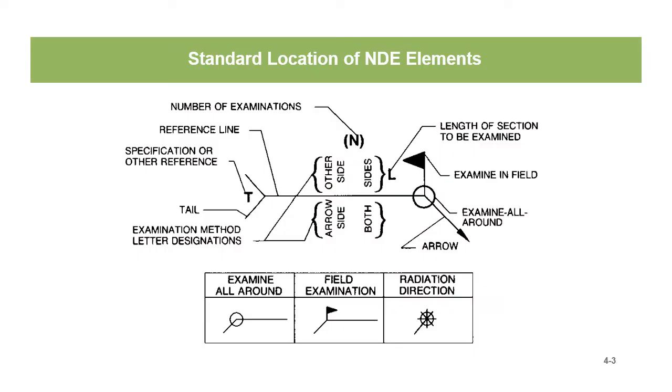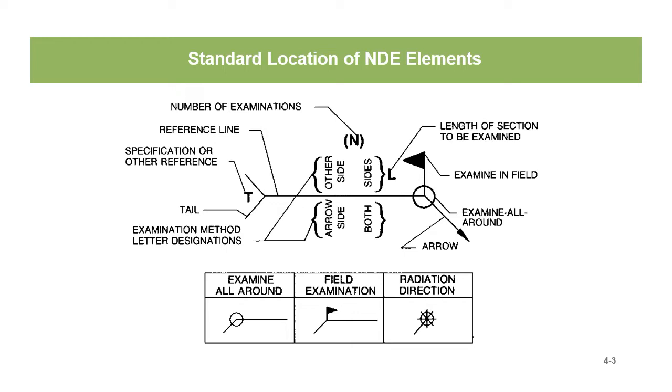We're going to talk about standard location of NDE elements and NDE symbols. From this slide, you can see it's pretty similar to what we went over with welding symbols. So now we're going to do it with NDE symbols. You get done with your welding and you look on the drawing and you see some NDE symbols.